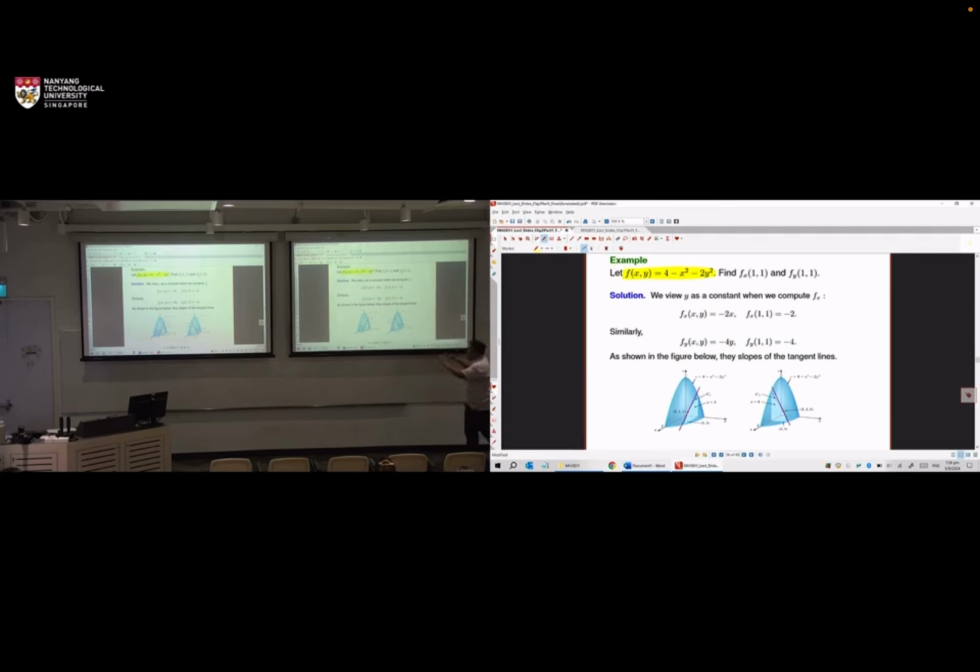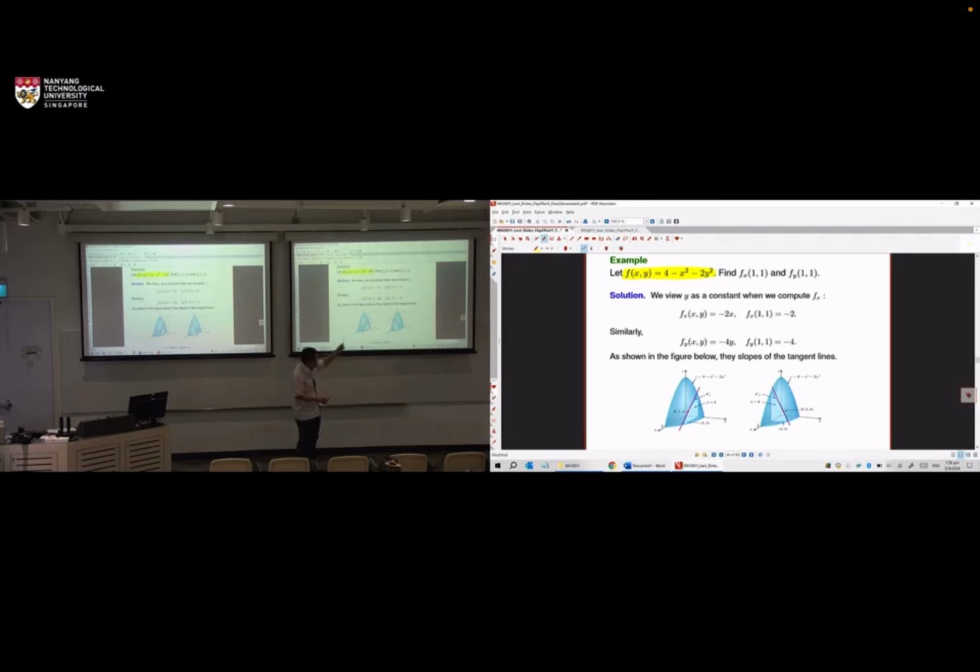How do they actually look like? So imagine I draw the z equal to 4 minus x squared minus 2y squared for you. For del f del x, the assumption is that your y is a constant.